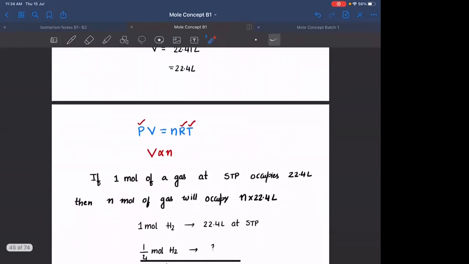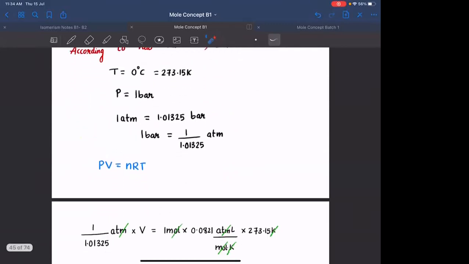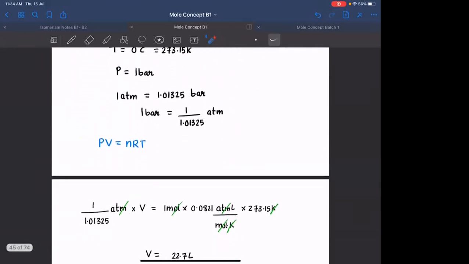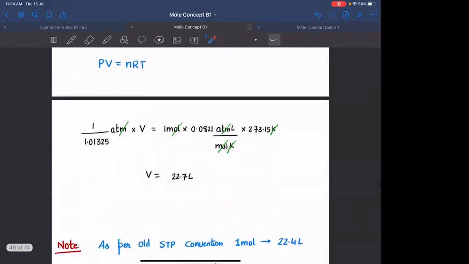So if you are given the options, you can clearly identify whether they are solving using 22.4 liters or 22.7 liters. But if you are not given the options, which is the case for JEE, where you will have 5 integer type questions, and if they are asking to calculate the volume occupied at STP, always you need to take the new convention, meaning you need to take the volume as 22.7 liters.